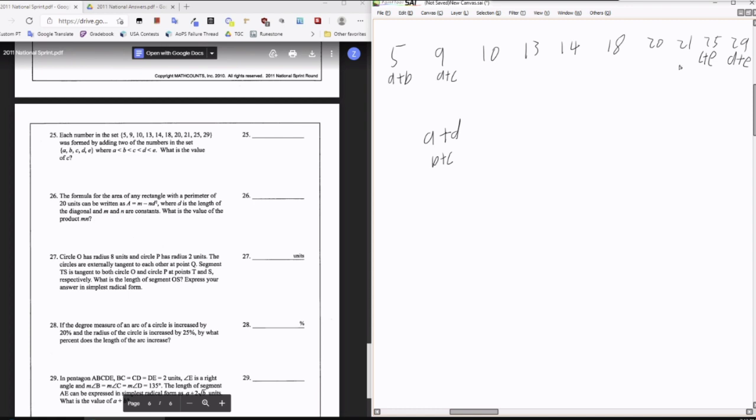And similarly, 21 is either B plus D or C plus D. So we know B plus C and A plus D are obviously bigger than A plus C, right? We know B is bigger than A and we know D is bigger than C. So that is why A plus C is 9.